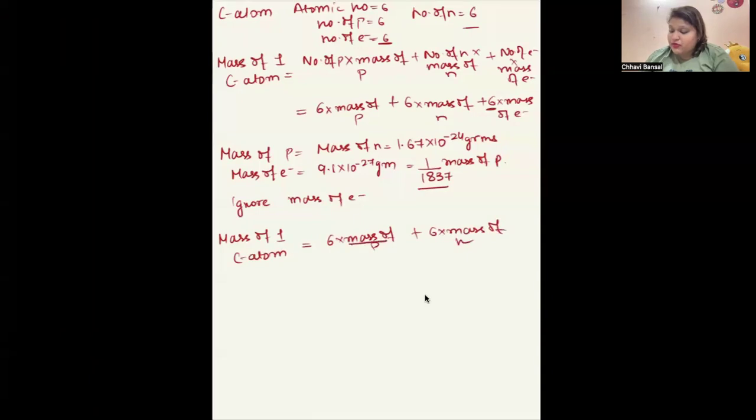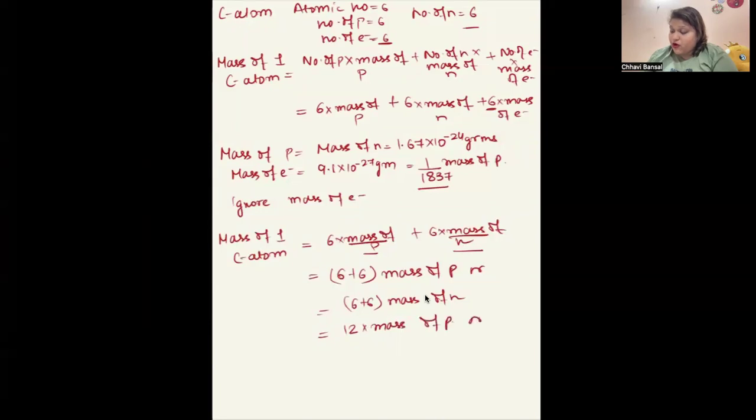Now, can I substitute, because see, mass of proton and mass of neutron is the same. Can I take the common? 6 plus 6 into mass of proton, or 6 plus 6 into mass of neutron, right? Which is equal to 12 into mass of proton or 12 into mass of neutron.